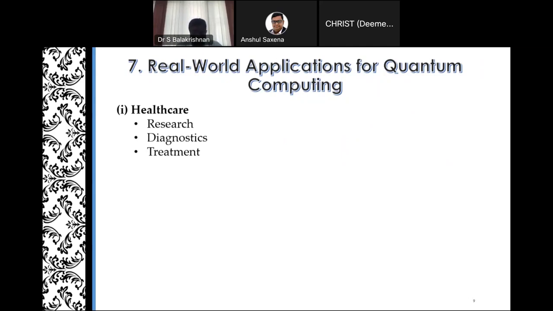Quantum computers would enable therapists to run more simulations in less time, helping to minimize radiation damage to healthy tissue. So quantum computing is very important for healthcare in terms of research, diagnostics, and treatment.